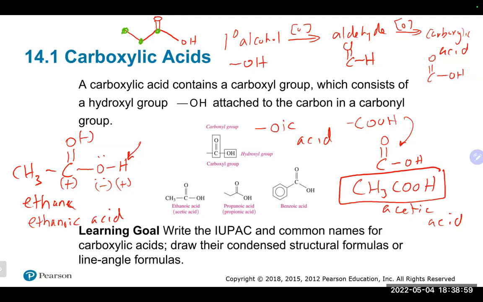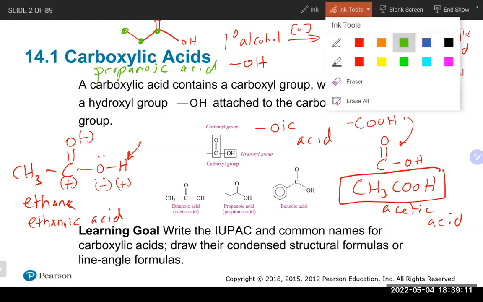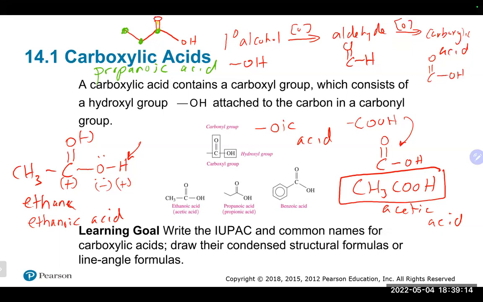So 3 carbons is based off of propane, so that will be known as propanoic acid. If you can't recognize the carboxylic acid group in that line structure, it is right here. That is our carbon oxygen double bond down to our OH group. So that is the functional group of this guy in line structure.